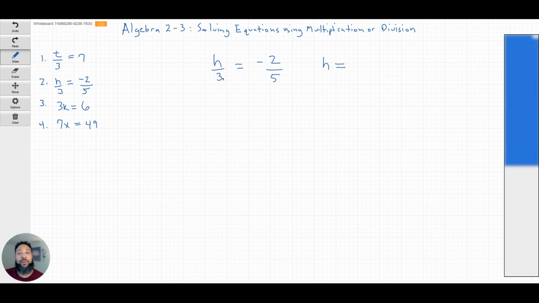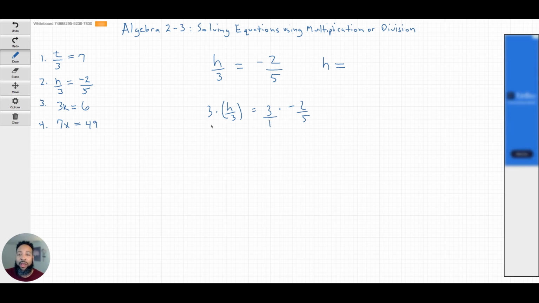There's another 3 attached in the situation, and it's h divided by 3. So remember, we do the opposite in order to get rid of it, in order to move forward. So h divided by 3, we want to multiply both sides by 3. So we have 3 times h over 3 equals 3 times a negative 2 over 5. And remember, 3 is just 3 over 1.